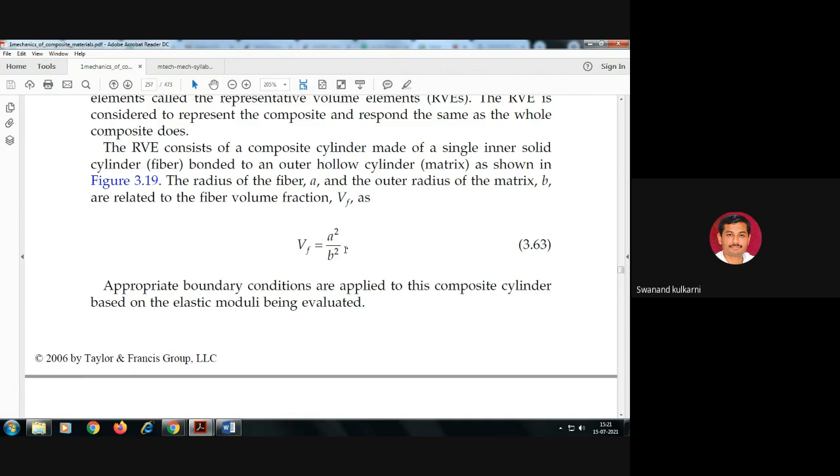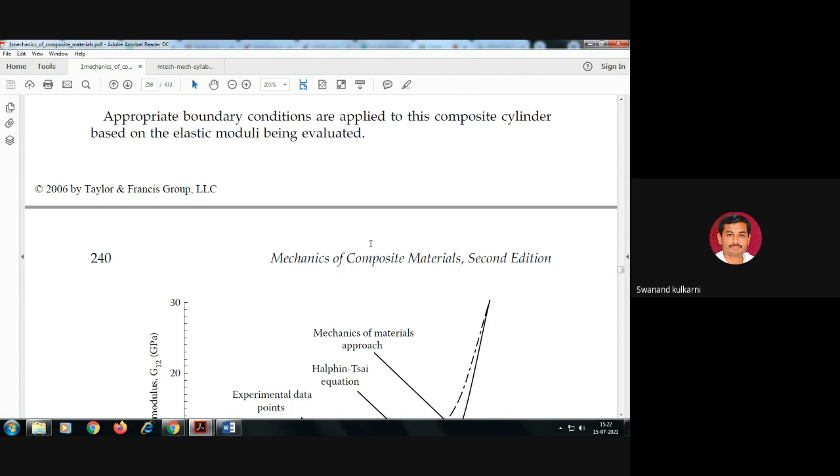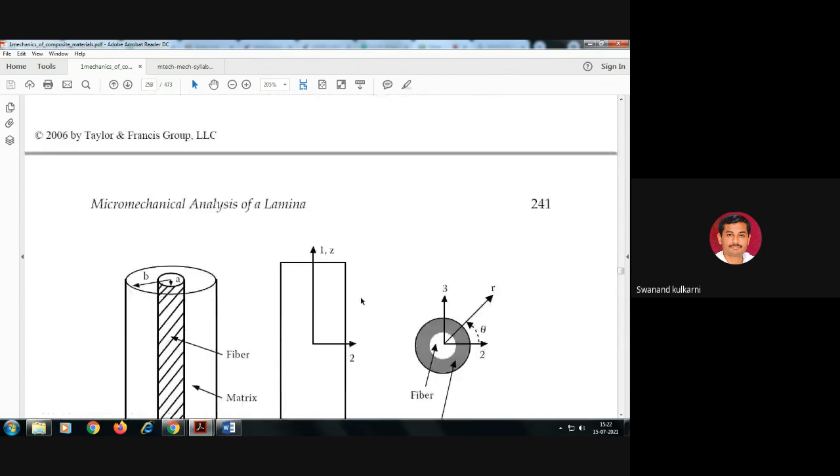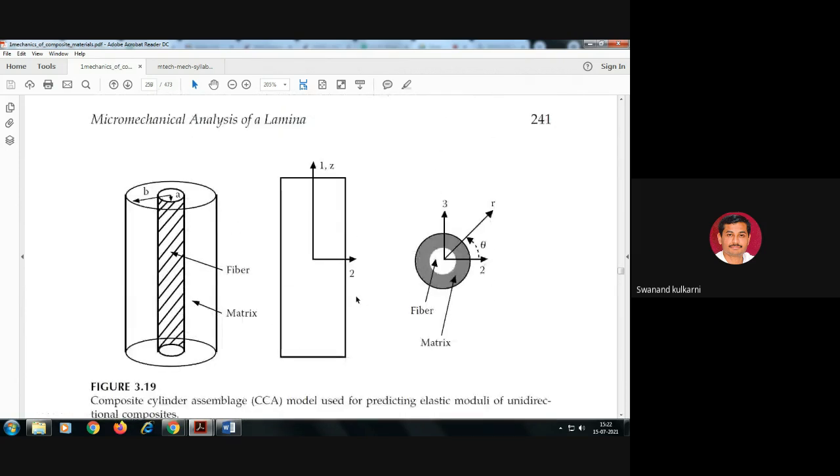And the radius of the matrix as B, then A square upon B square. The volume fraction of fiber is the ratio of A square upon B square, where the radius of the fiber is A and the outer radius of the matrix is B. Is it okay? So with this particular figure we can understand here. This reinforcement is present within the matrix.